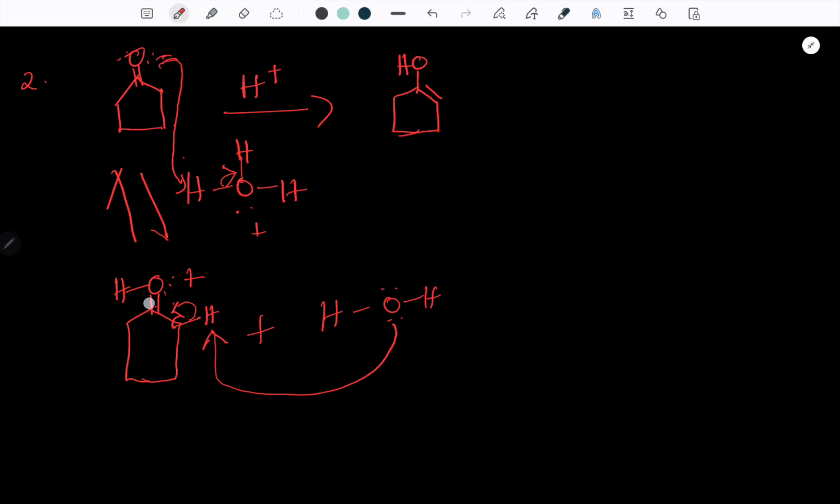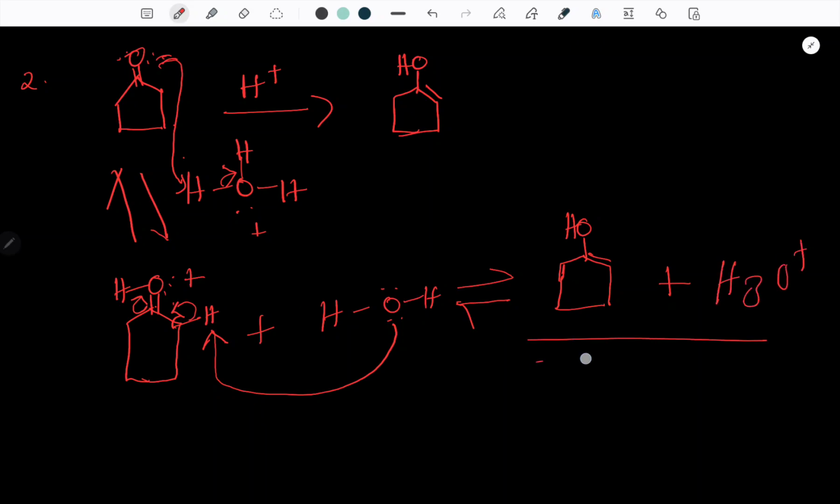As a result, 1 bond will break. Let me dot it well. This will result in forming something like this, and this is our enol plus H3O plus. This is the answer. Simple and straightforward.